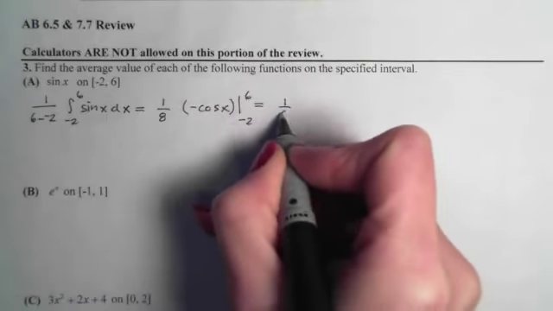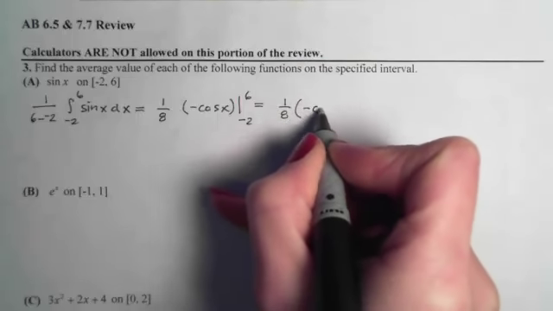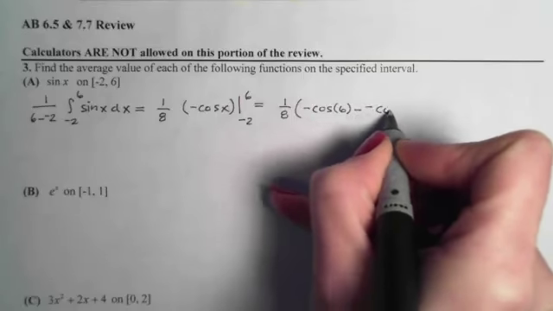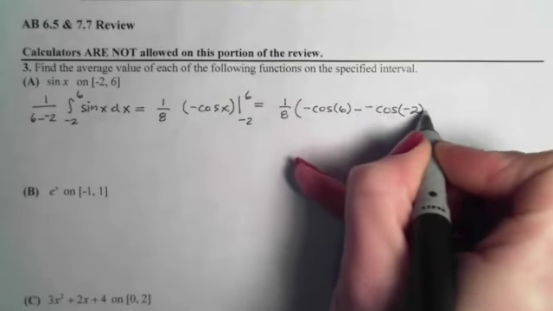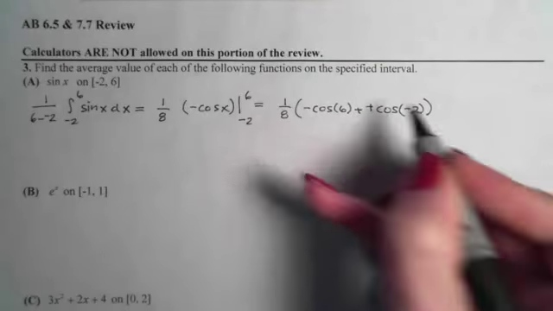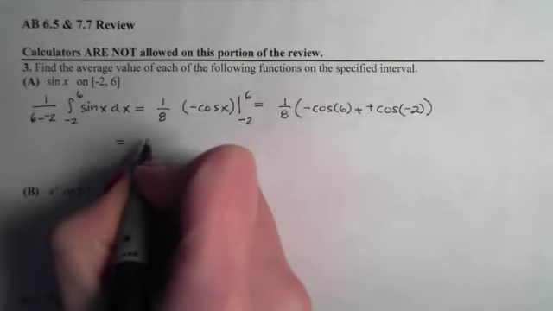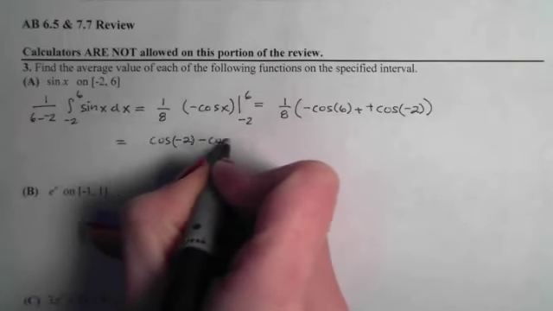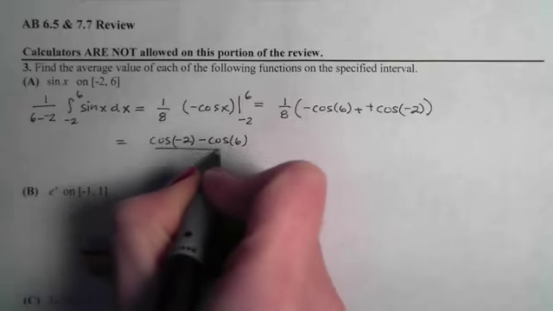So the first thing I will plug in is the 6, and then I'll subtract what comes out when I plug in the -2. Now notice that subtracting a negative is the same as adding, and we could rewrite this as a cosine of -2 minus a cosine of 6 over 8.